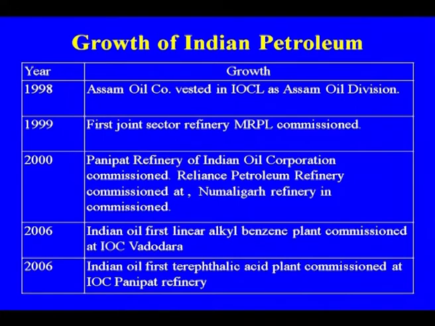Indian Oil's first linear alkyl benzene plant was commissioned at IOC Vadodara. We discussed the LAB, that was the first plant based on this that was started. In between, Mathura Refinery and other refineries also came into existence. Indian Oil's first terephthalic acid plant was started at the IOC Panipat Refinery.